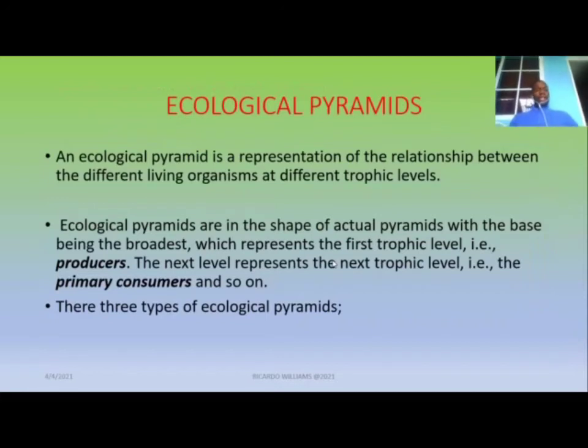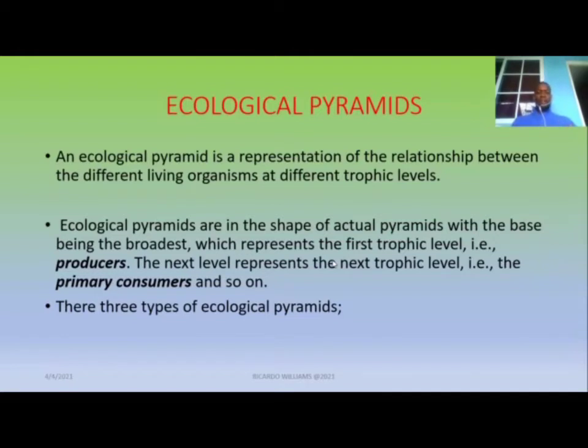Alright, so now we're going to be looking at ecological pyramids. Now, an ecological pyramid is a representation. You know, like when you do a graph and the graph represents the data in a more visual way so you can analyze it. This is what ecological pyramids are. They are a representation of the relationships between the different organisms at their different trophic levels.